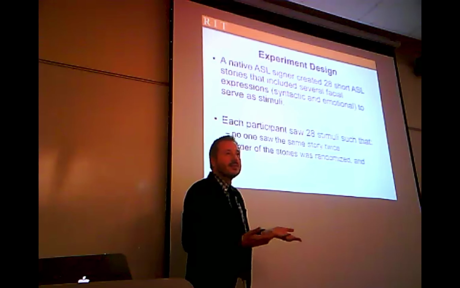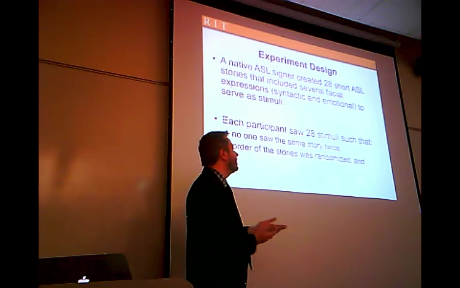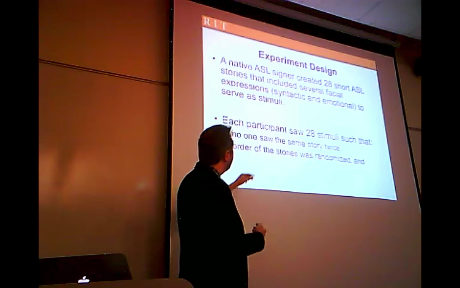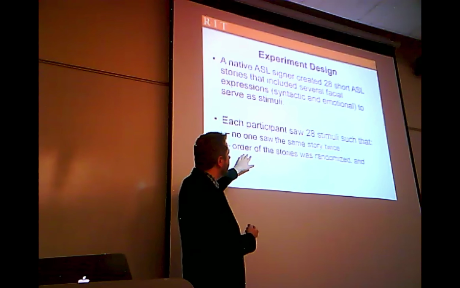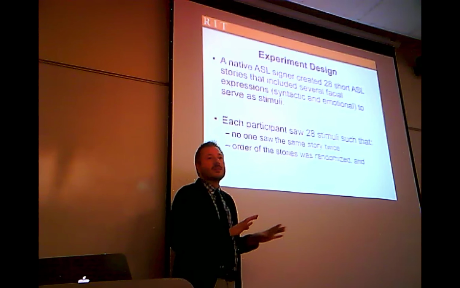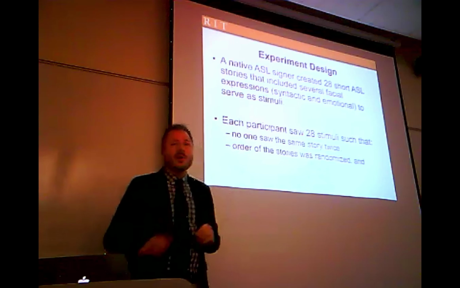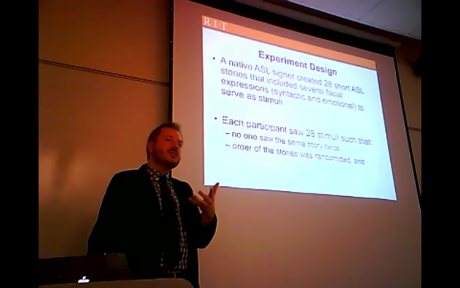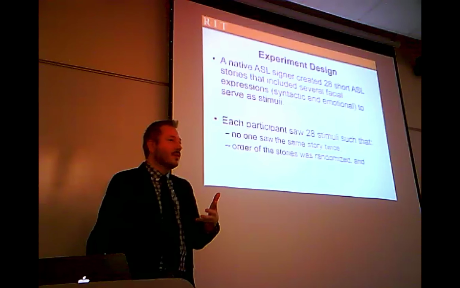So these were different sentences that might have different types of facial expressions in them. Each participant in the study saw all 28, but no one saw the same story twice, and the stories were presented in random order. And I'll show you in a moment, we showed different versions of animation. Some with facial expressions, some without, as a basis of comparison.